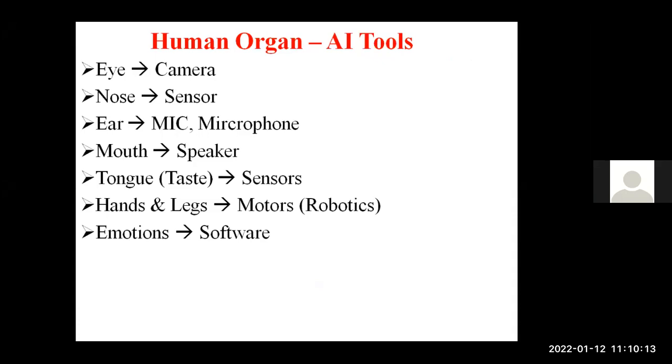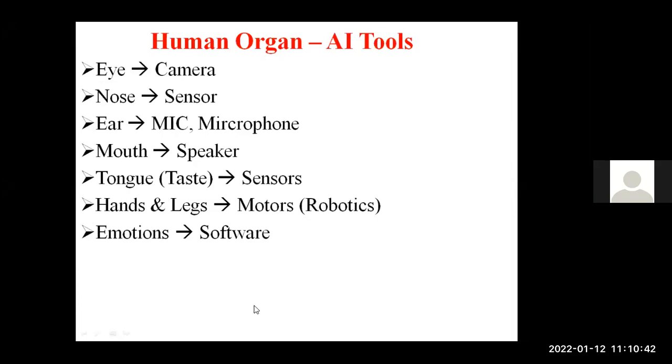Forget about the digestive system. Some of our internal organs are used for the digestive system, so I am not considering that part. I'm considering the organs where we are collecting the data. Those data are stored in our brain and processed, and we are able to take some decisions, right? In the same way, in future, we are going to see machines that can collect real-time data on live activity, and that data can be processed inside the machine brain.